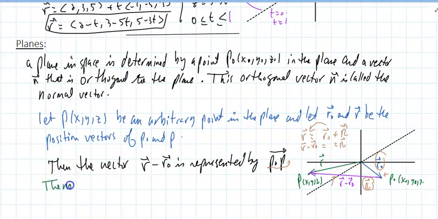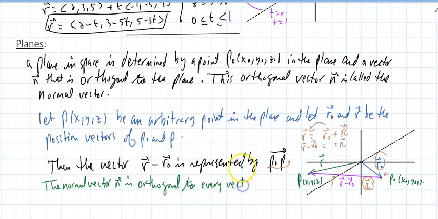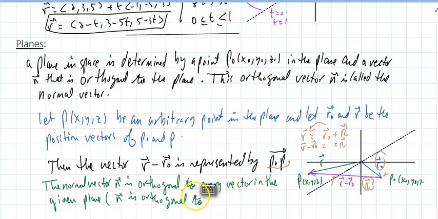The normal vector n is orthogonal to every vector in the given plane. n is orthogonal to the vector, oh boy, I'm sorry, to r minus r sub 0.